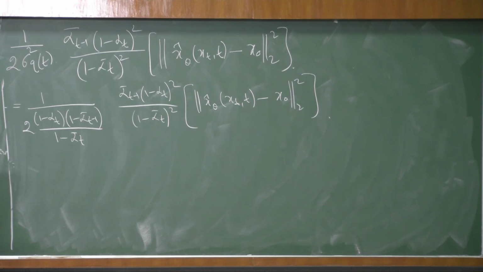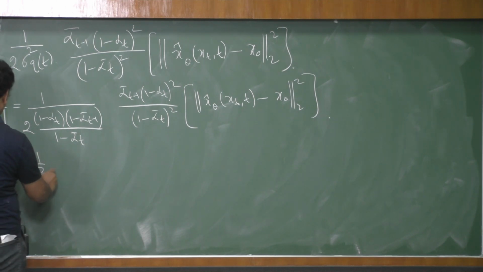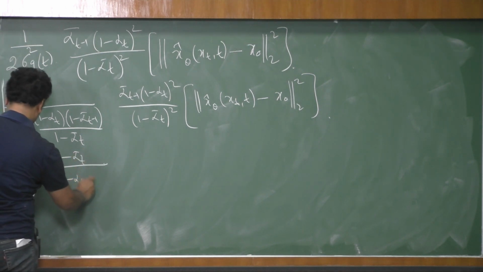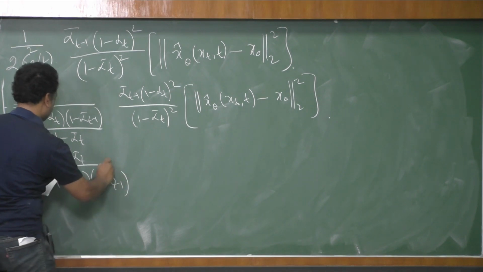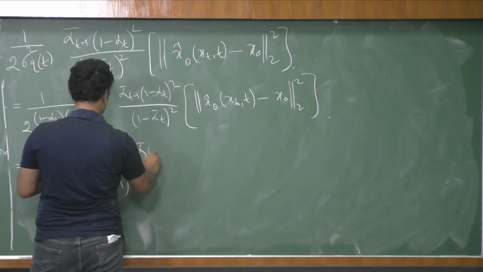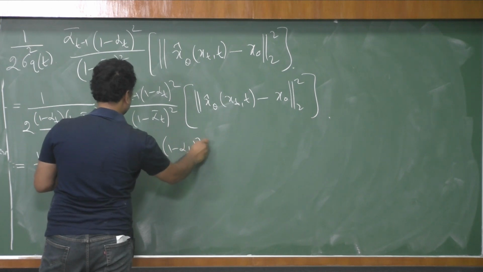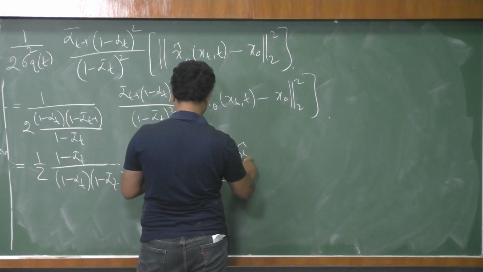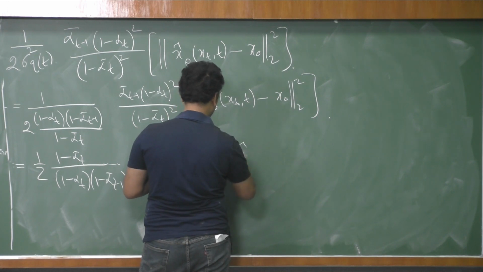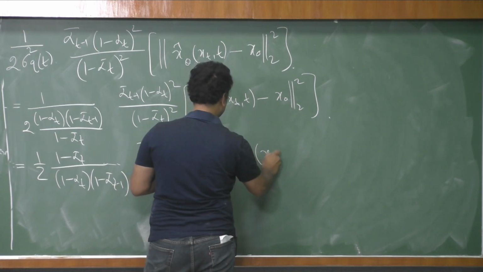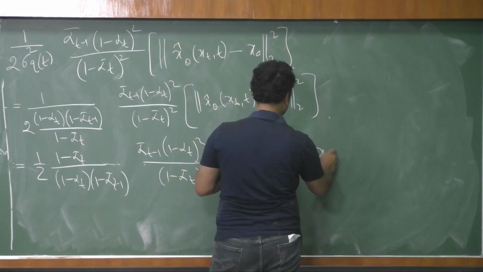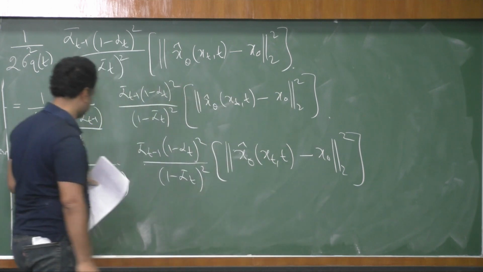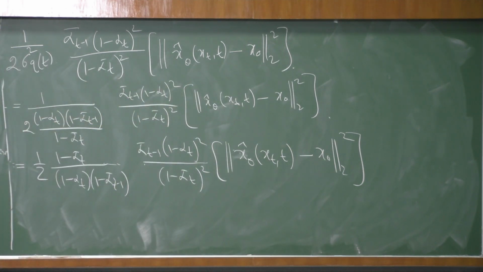So this is equal to 1 by 2 times 1 minus alpha bar t divided by 1 minus alpha t, 1 minus alpha bar t minus 1, and then alpha bar t minus 1 minus alpha t squared alpha bar t, and this is the norm squared of x hat theta of xt, t minus x naught. So we just did this additional step and then we will do the cancellations in the next step.